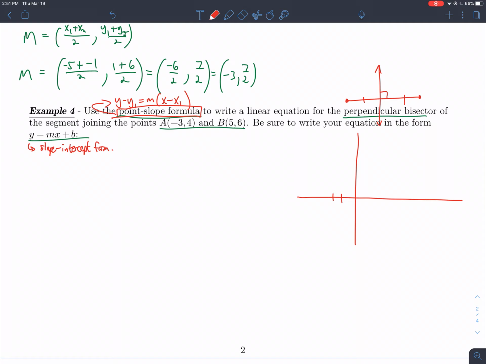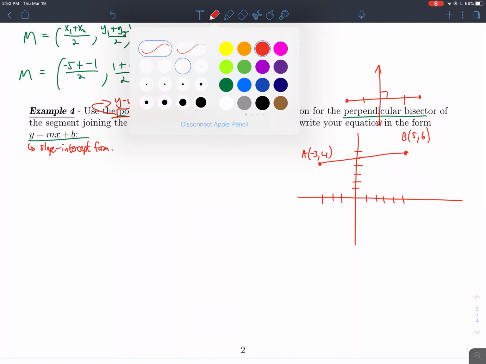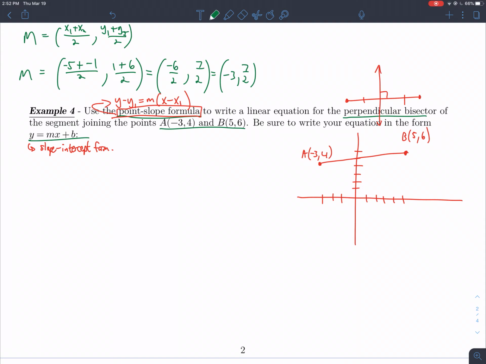Here is point A, which is negative 3, 4, and then point B is 5, 6. Okay, and so here's segment AB. We're asked to find the perpendicular bisector.